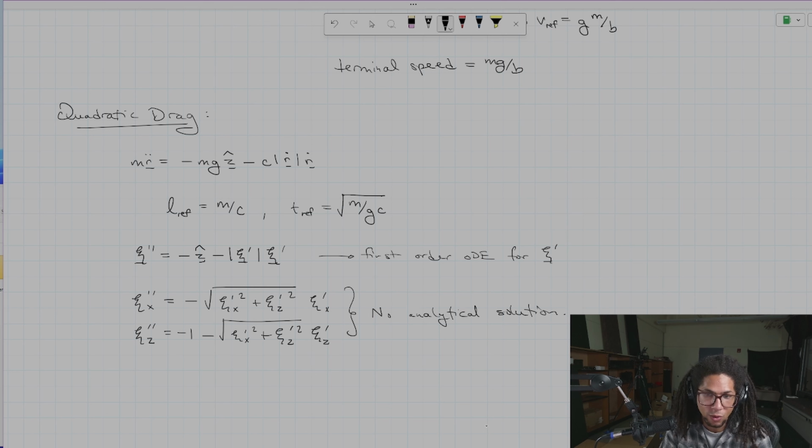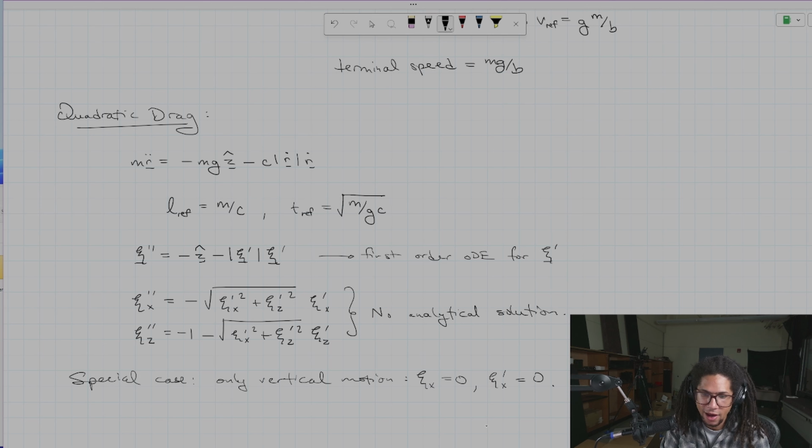So I'm going to look at the solution when we only have motion in the vertical direction, where we have no x motion. Special case, only vertical motion. That means cx is equal to 0, on the line cx equals 0, and cx prime is equal to 0 as well.